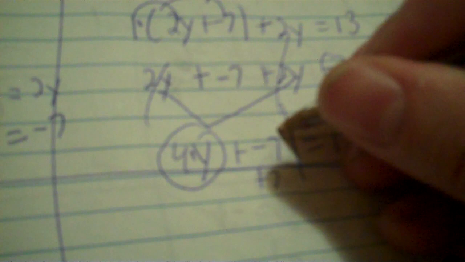It's that simple. Okay. Then add your negative 7, and then equals 13. Okay. So I plus 7, I plus 7. 13 plus 7 is 20. Divide by 4, divide by 4, and y equals 5.